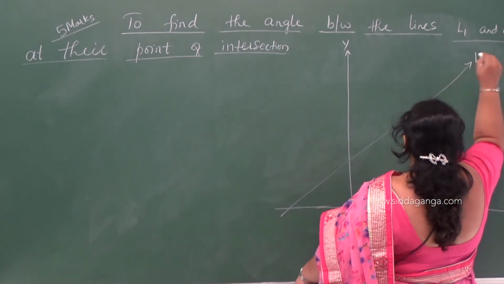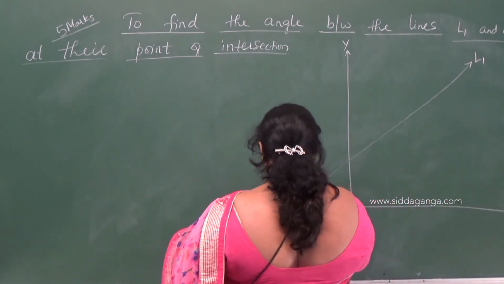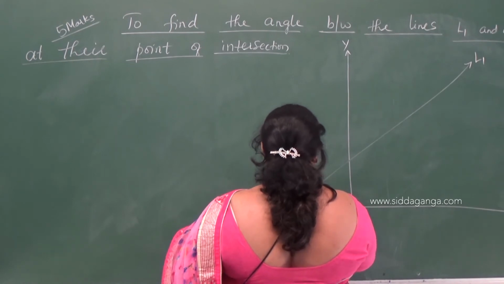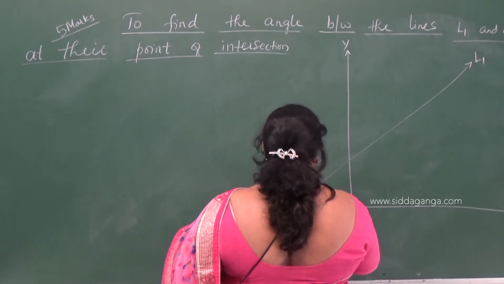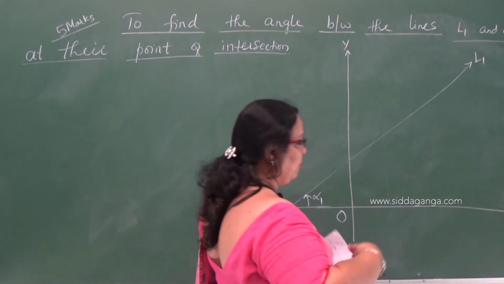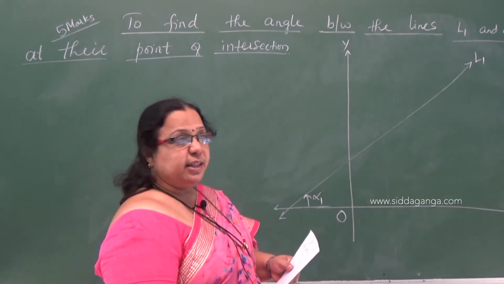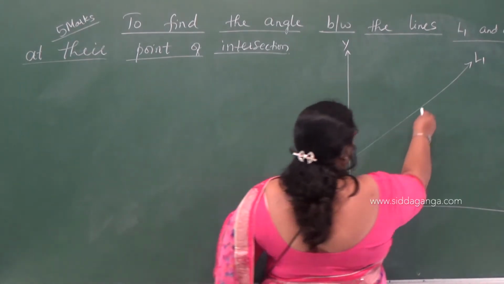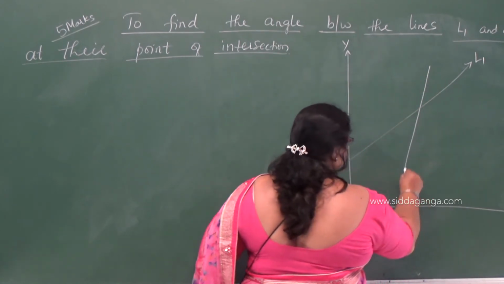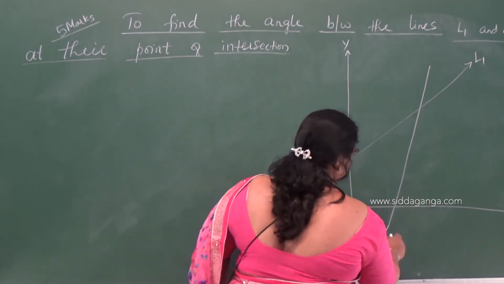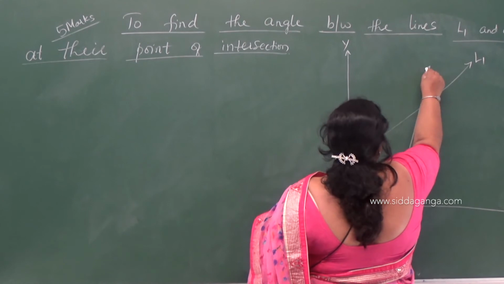So now you take this as the first line. Let it make an angle alpha 1 ಅಥವಾ theta 1, ನಾವು ಏನಾದರೂ ತಗೋಬಹುದು. So then you take another line. You denote this as L2.